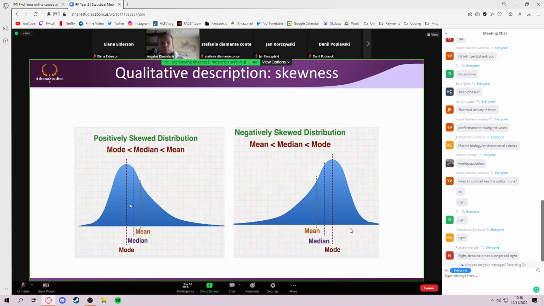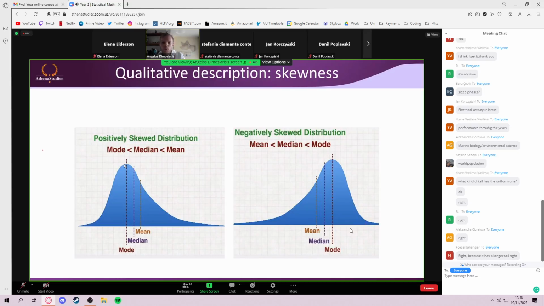All right, an easy way to remember them is, first, find the mode. The mode is always at the highest point of the peak of the distribution.